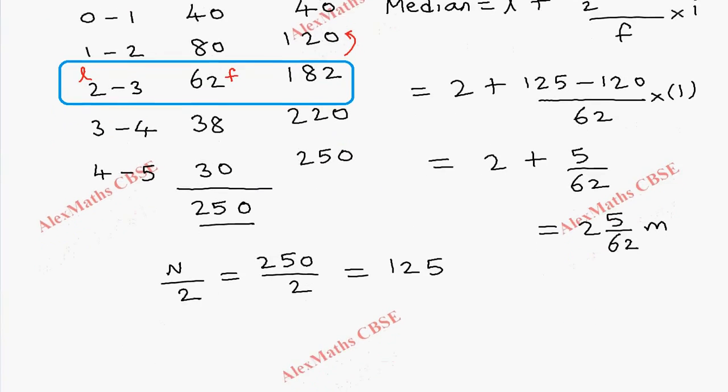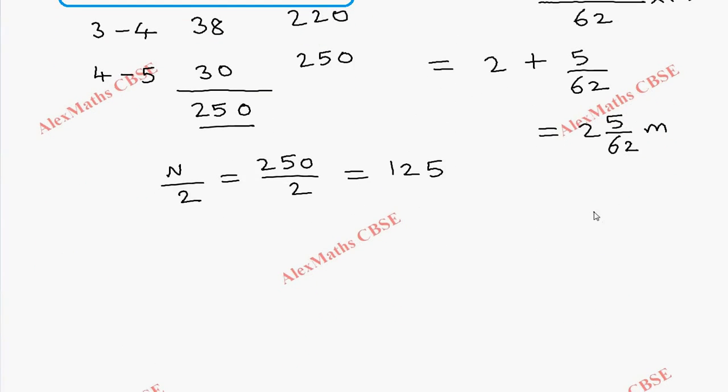We can also convert this into decimal by dividing 5 by 62. So 0. So 1 0 we have taken, which is not enough. So we have to take one more 0, so that we have 500 here. So 62, if I take 8 times, 8 2s are 16, 8 6s are 48, 49.